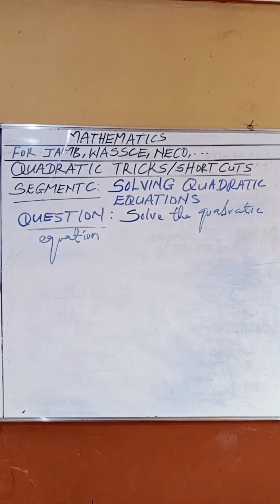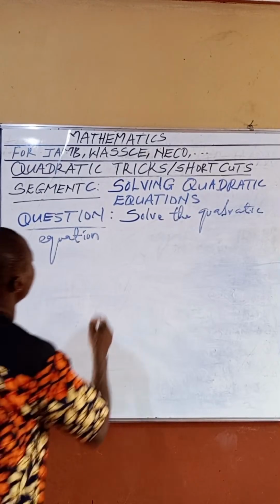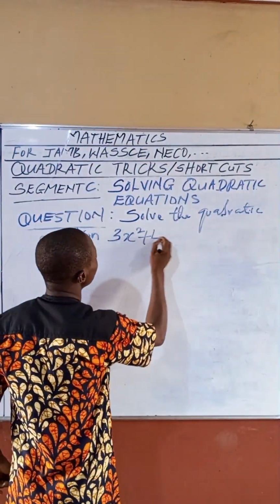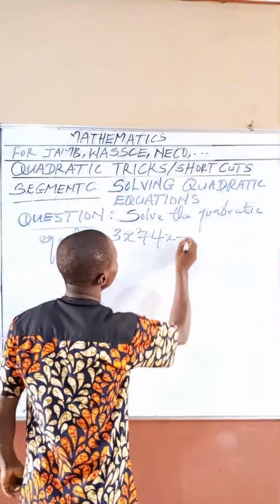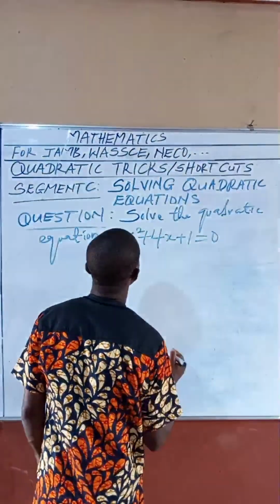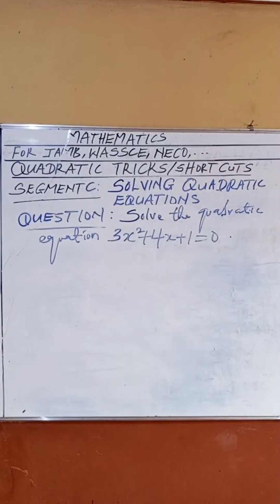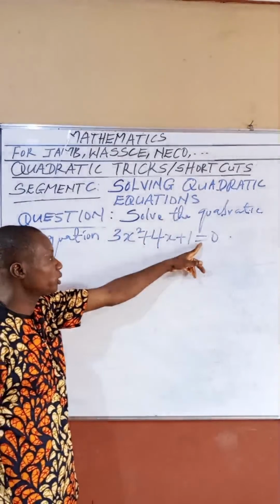You have, okay, 3x squared plus 4x plus 1. We have 3x squared plus 4x then plus 1 equals to 0. Now we are to solve this quadratic equation. This is now an equation because it's equated to 0.